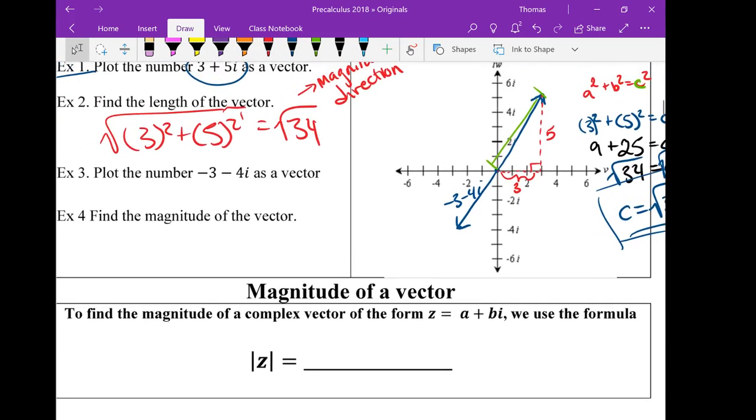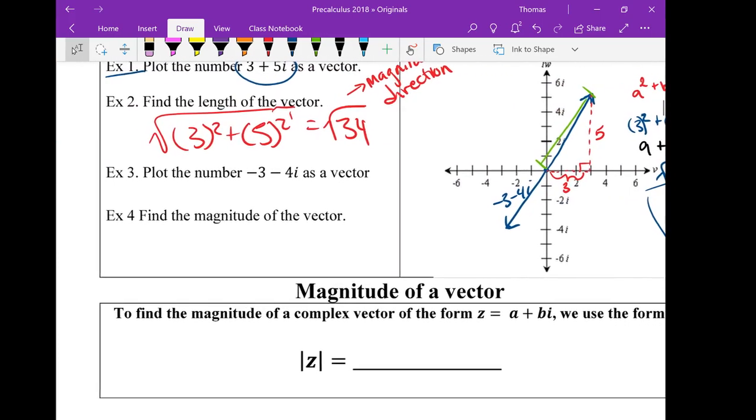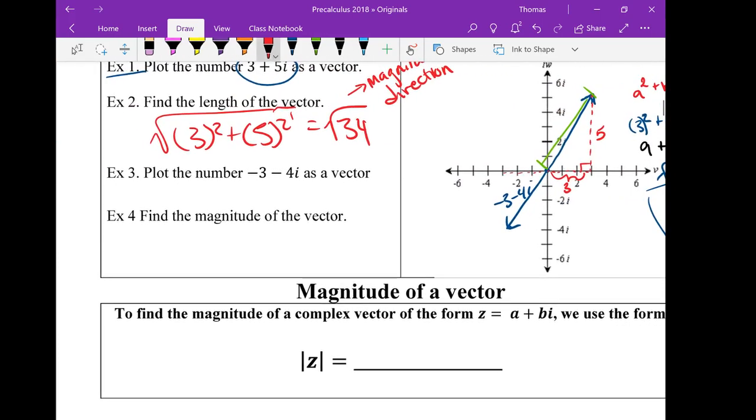This time I'm actually not even going to draw the triangle, though I'll draw it anyway. The length of this side of the triangle is 3, and this side is 4. So using the same format, we'd have the square root of 3 squared plus 4 squared.